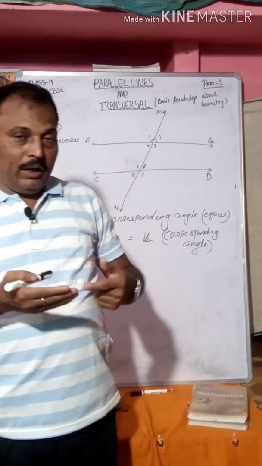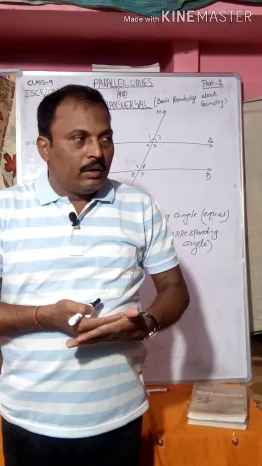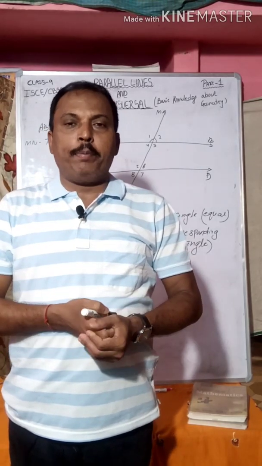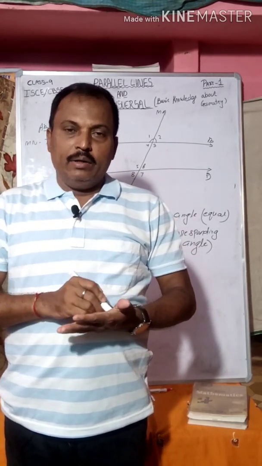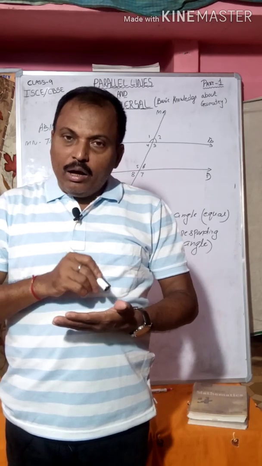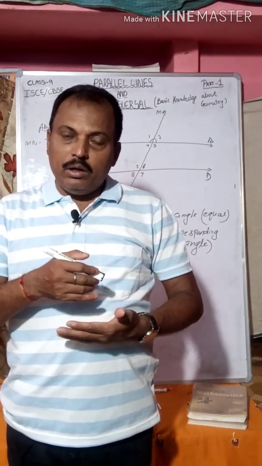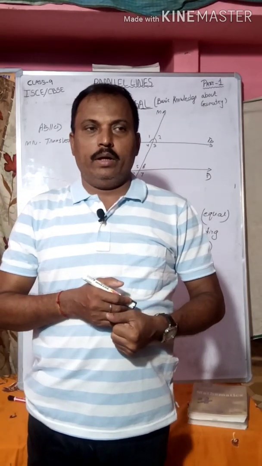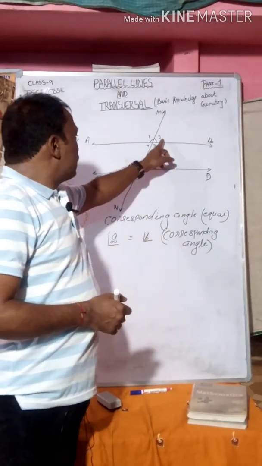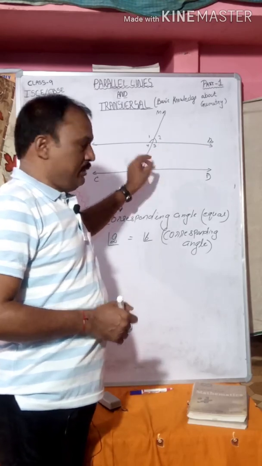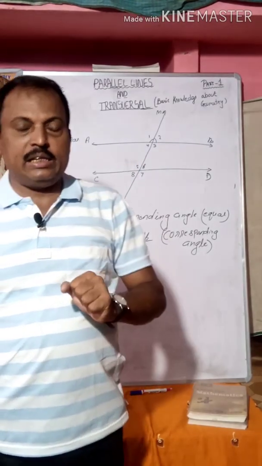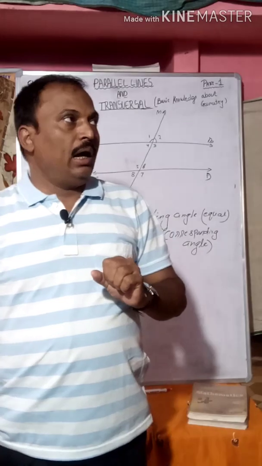That's why I discussed from the beginning that we create our definition, we write in our own language. You can write in your own language what corresponding angles are. Look, angle 2 and 6. Angle 2 and 6 are corresponding angles. How?